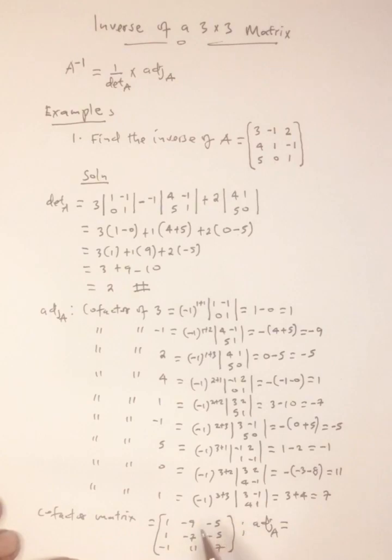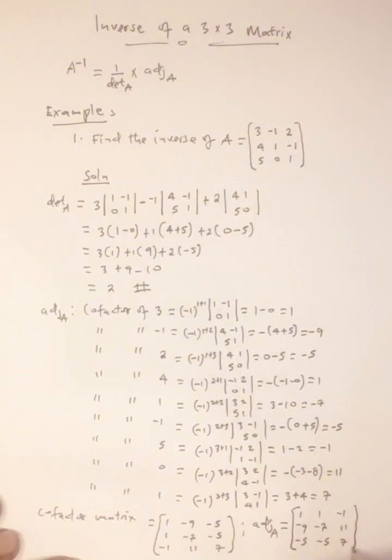So the transpose is just formed by taking the first row to be the first column, the second row to be the second column, and the third row to be the third column. So we are going to have 1, 1, negative 1 as the first row, negative 9, negative 7, 11 as the second, and negative 5, negative 5, 7 as the last. So that is the adjoint of the matrix A.